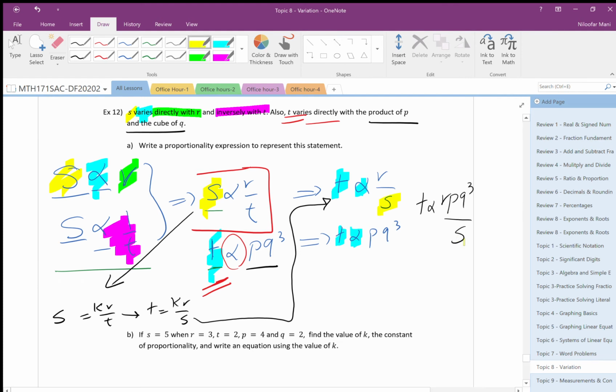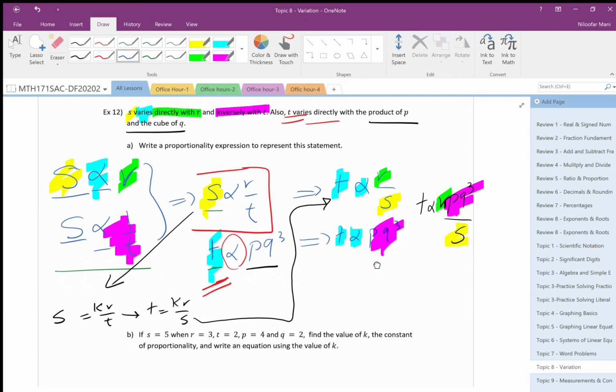So this is this one, and this is this one. Maybe I need another color here. And then I have this one. Okay, good. Now I have all of them included. T is there, R is there, P is there, Q is there, S is there.